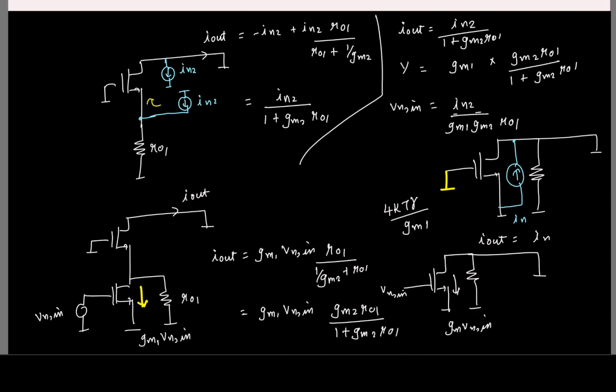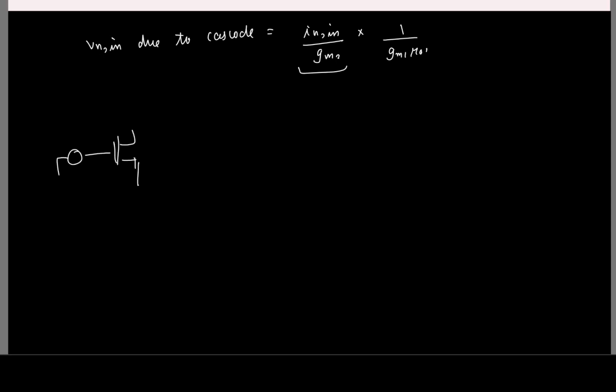So VNN due to Cascode is IN2 by GM2. And remember, IN2 by GM2 is basically the input referred noise due to the Cascode device, so you have to model the noise at the input of the Cascode device.